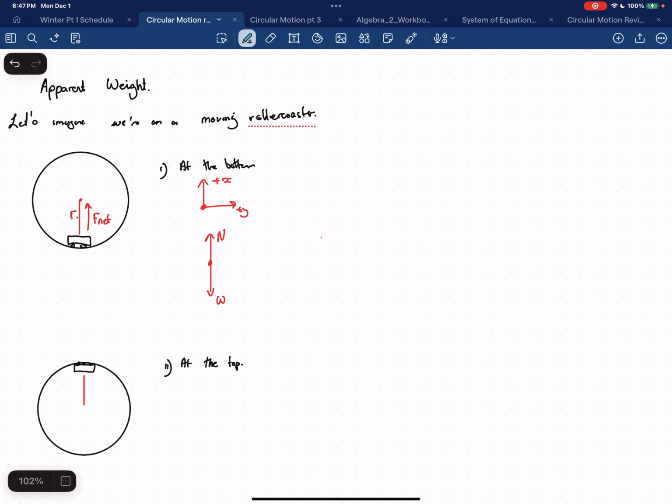So I can solve for the forces. F of x, net direction, is normal minus weight. In actual fact, the normal force here is much bigger than the weight force, so I should draw it like this.